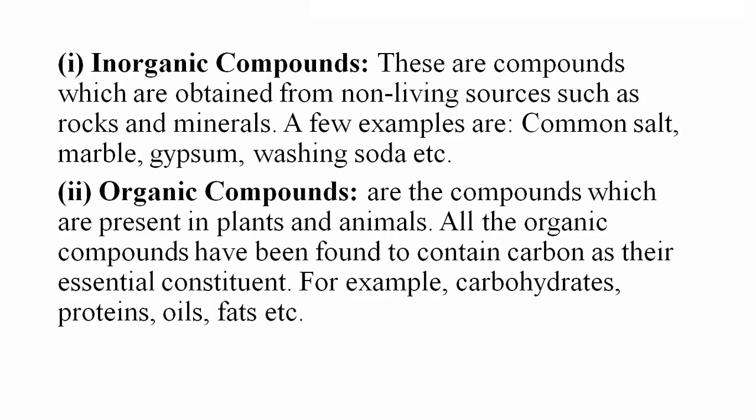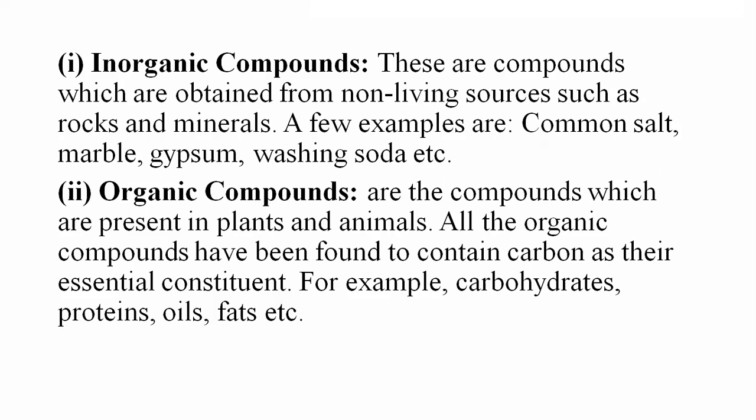And organic compounds are the compounds which are present in plants and animals. Whatever you take, proteins present in our body are organic compounds. Carbohydrates which are required for our body, organic compounds. The fats obtained from animals, organic compounds. The oils obtained from vegetables are organic compounds.